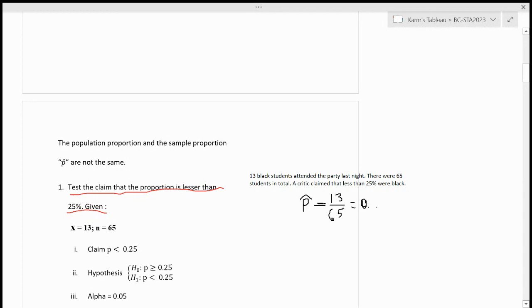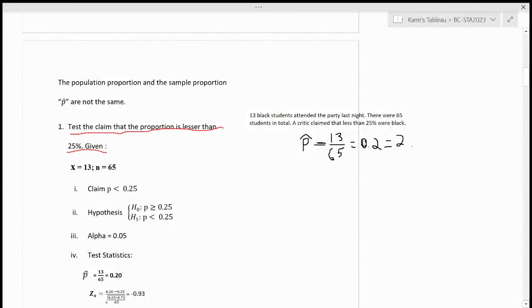Okay, that can be translated into 20%. As you can see, this is clearly less than 25%.